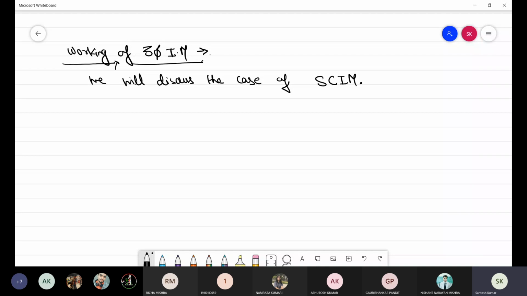Rest of the thing will be common. Everything is common in case of squirrel cage induction motor and slip ring induction motor. The only thing is that the construction of the rotors is different, but the principle of working is the same.